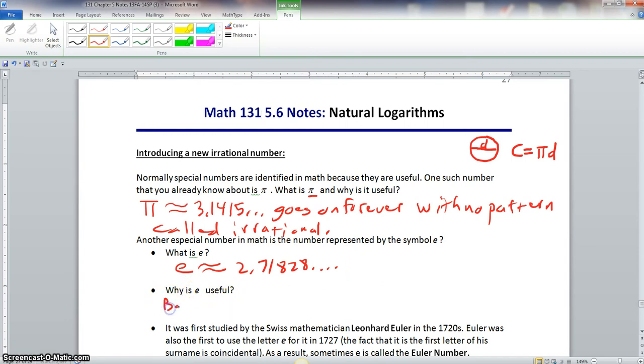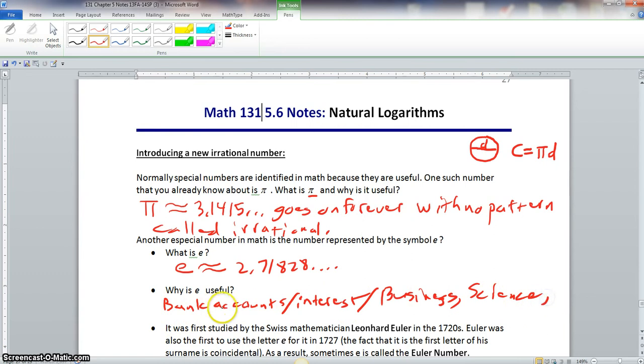It's useful for bank accounts, typically in calculating interest, and also business, science, and statistics. And that's just to name a few.